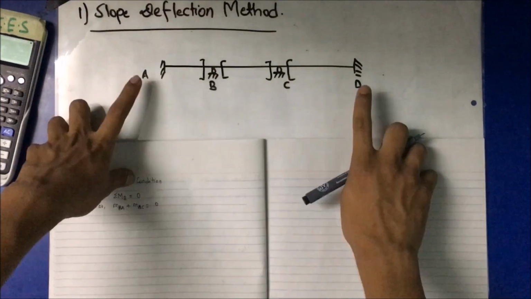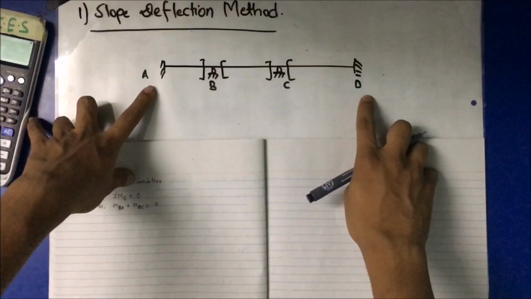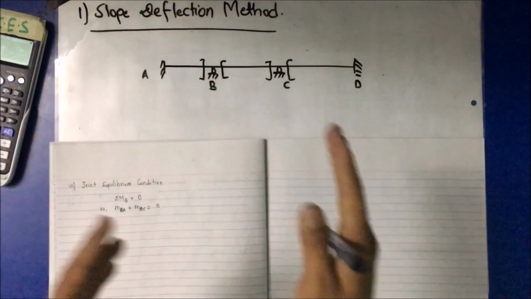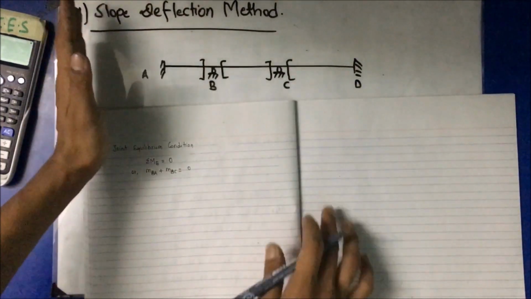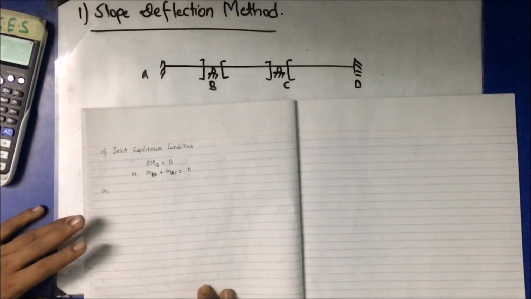We will not apply it at point A and D because it is a fixed end and it will have some moment, it won't be 0. But in this case, the summation of moment in the left portion and the right portion will be 0. So MBA plus MBC is equal to 0. Now bring out the equations we had.